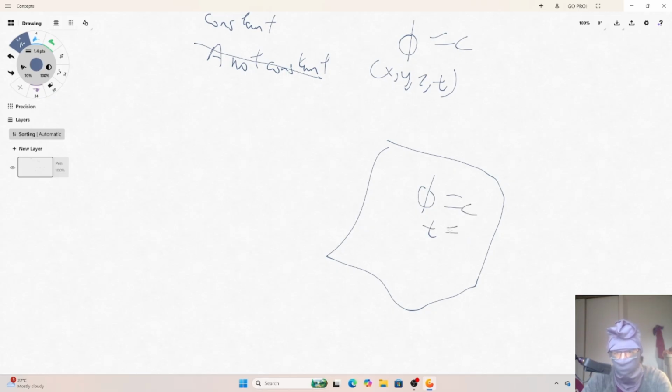What you would do is, for time equals epsilon, take each point on that wavefront and trace a normal to that wavefront at each point.